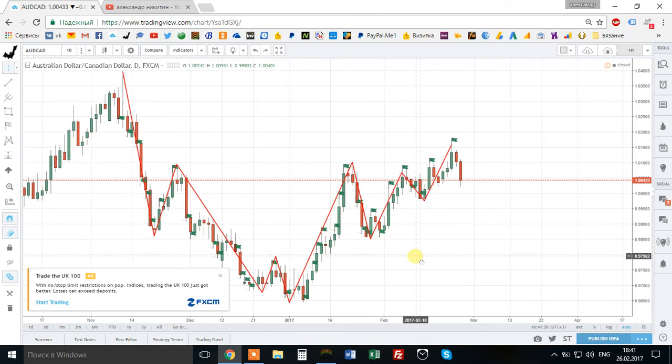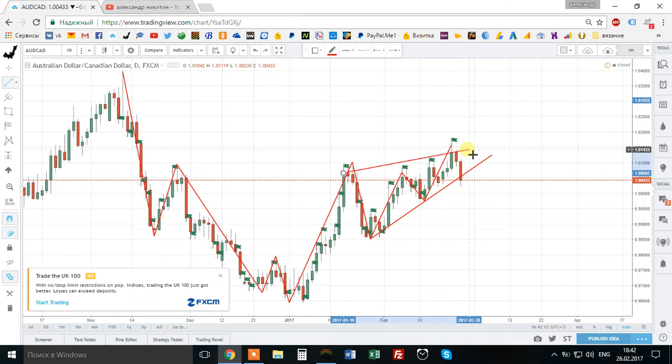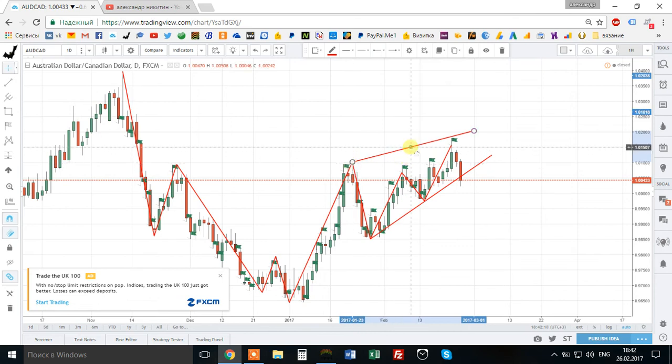Okay, if you trade those ascending triangles or pennants or whatever, you can draw this. Let me unite those highs. This is called, how is that called? What is that formation? Maybe I need to draw it this way, trying to hit those highs as well. How do you call that?